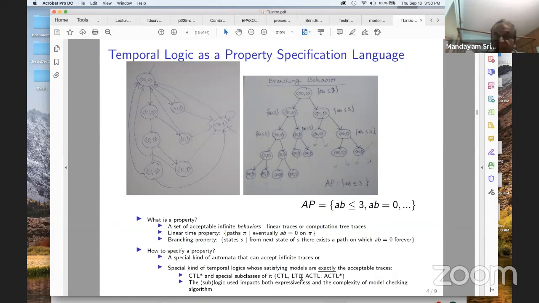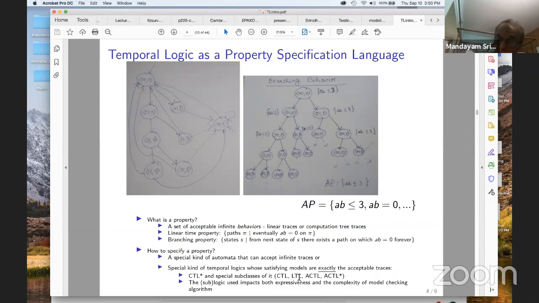That is precisely why these fragments are defined. For example, CTL is a subset of CTL star, for which the model checking problem is somewhat less complex than the others.